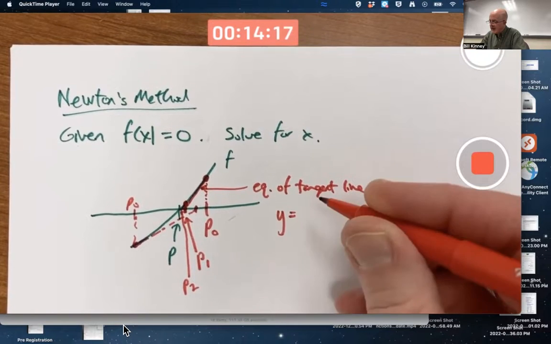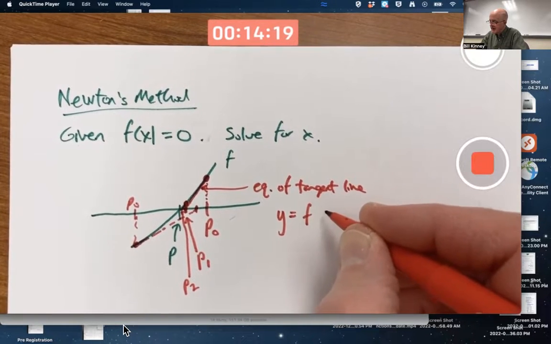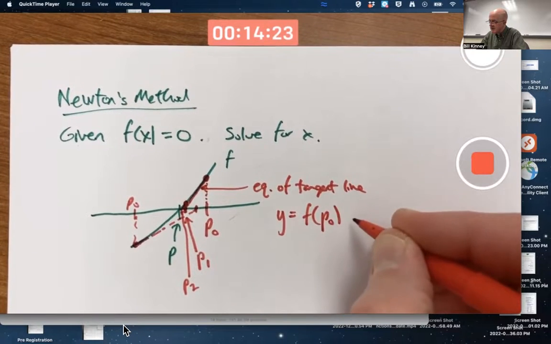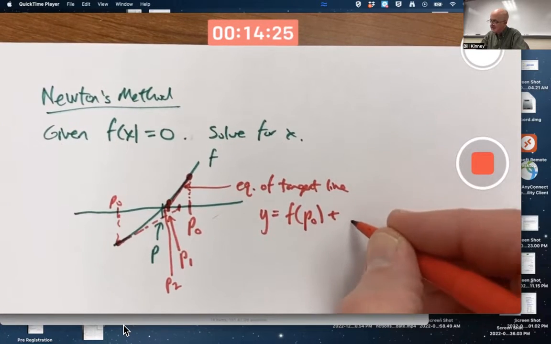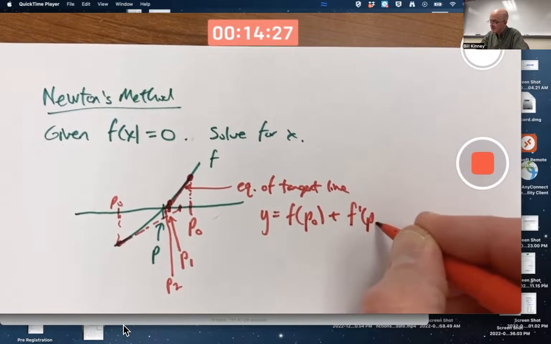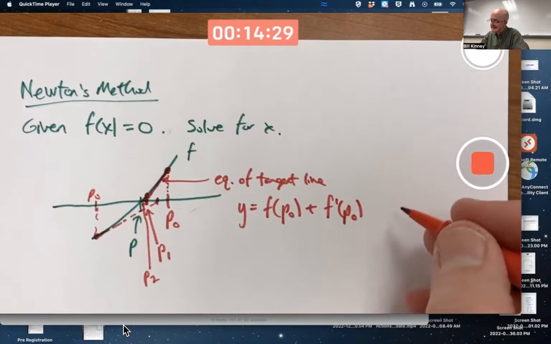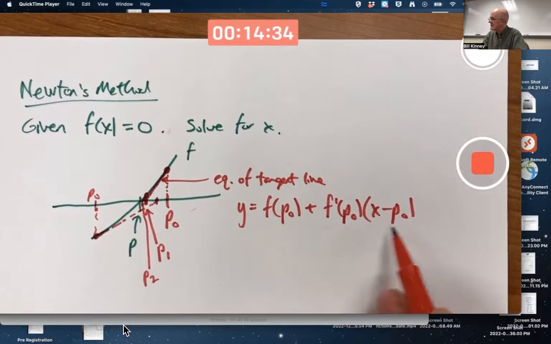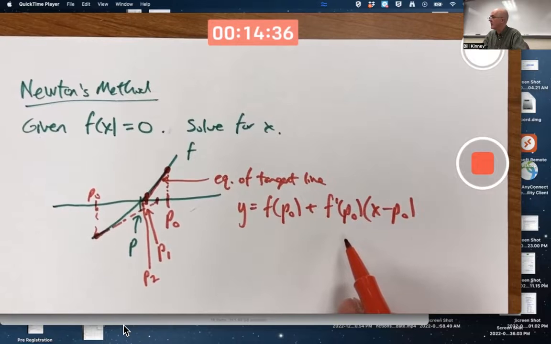Well, it would be y equals the initial value of the function at p0, f of p0, plus the slope of the line, which will be the derivative, f prime of p0, times x minus p0. Right? This expression here represents what you could call the local linearization of the function.